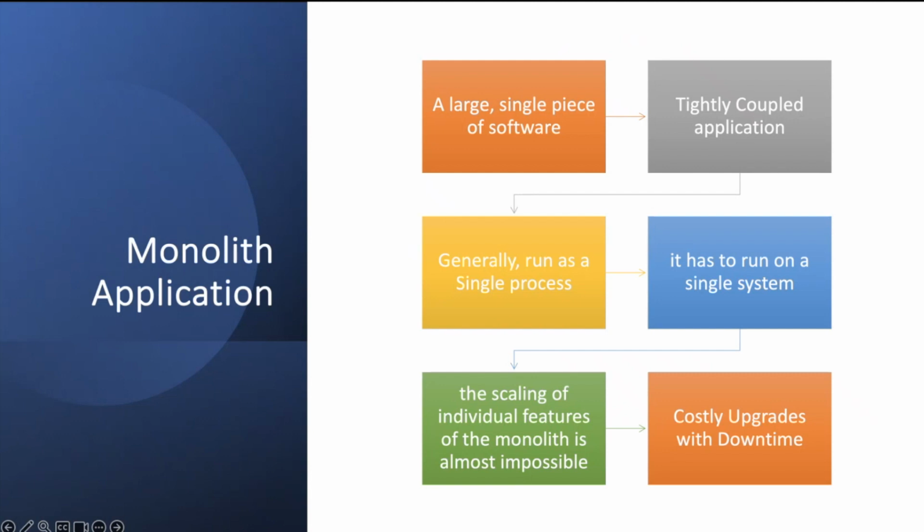Also, because of this monolith application, the entire application has to be running on a single system. Of course, you can run multiple instances of the application on different systems, different hardware, but one single instance of the application cannot span across multiple servers.